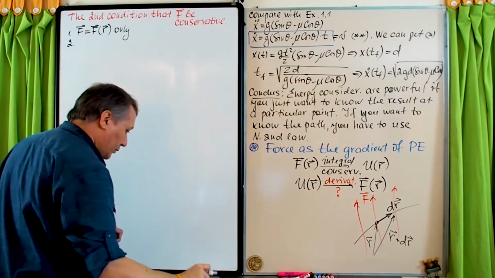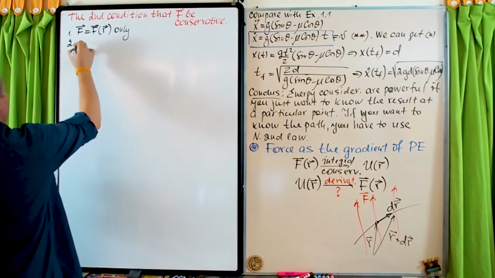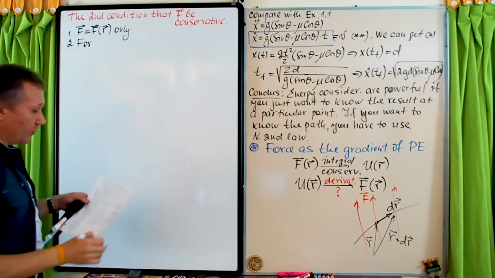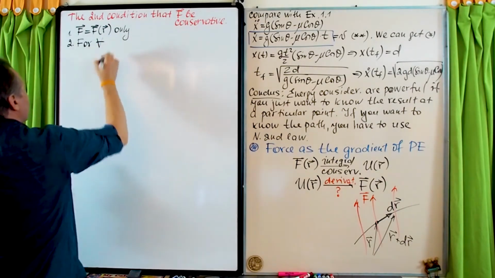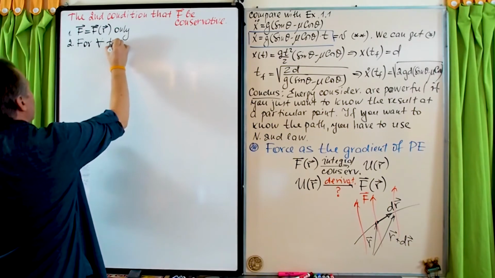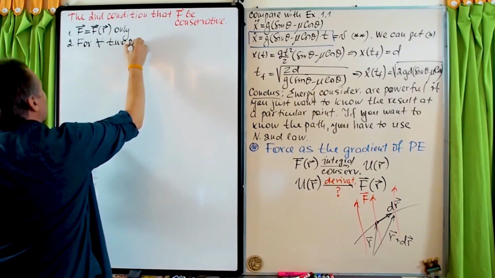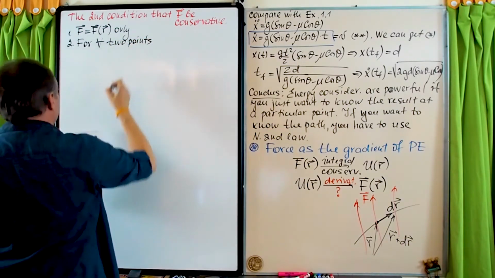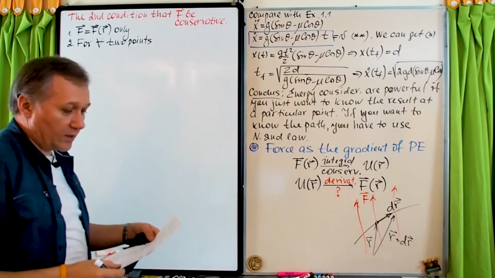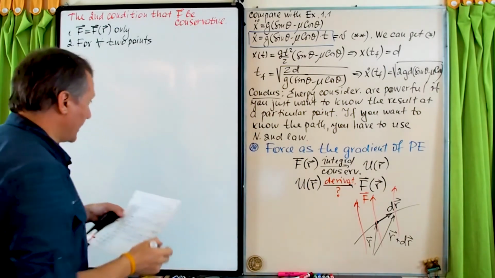Okay, maybe I will just use my notes. I will just state the old form of the condition. For any 2 points, work done by F is the same for all paths.